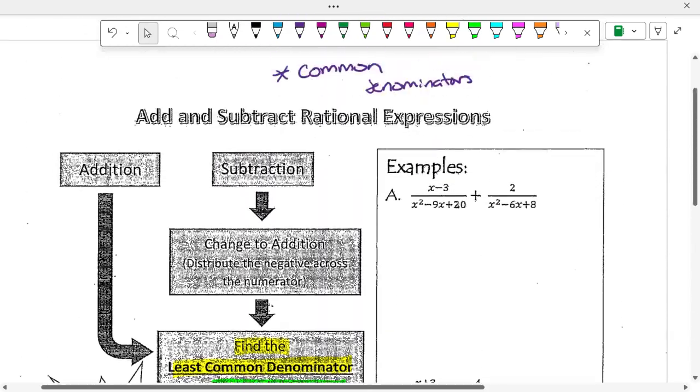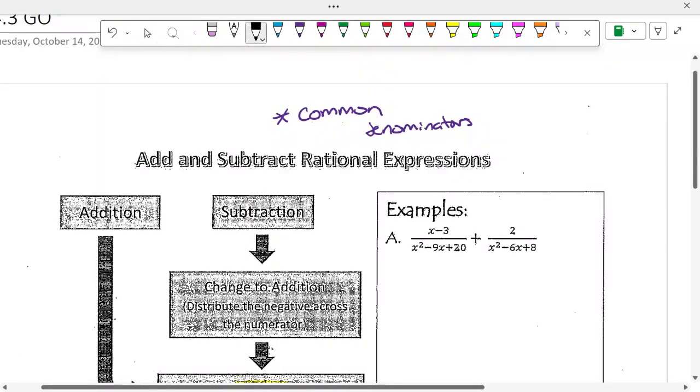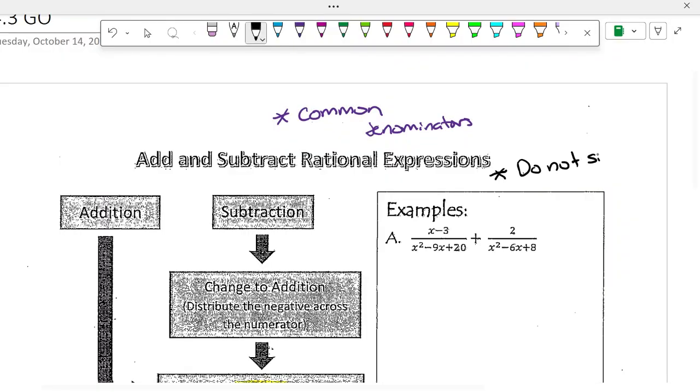Now, something else you need to note is do not simplify until the end. Simplification will be the very, very last thing that you do.